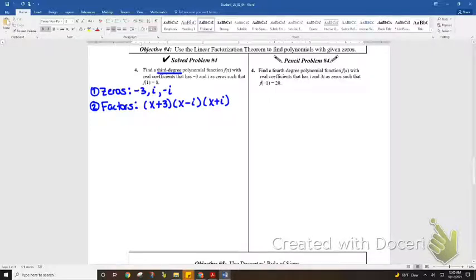Now what we're going to do is write it as a function, but I know that there could be a leading coefficient that we don't know what it is yet. So we're going to write it as, let's say, f of x equals, and they call it a sub n. Doesn't really matter what you put there to hold that place, okay? But it's a sub n times our factors.